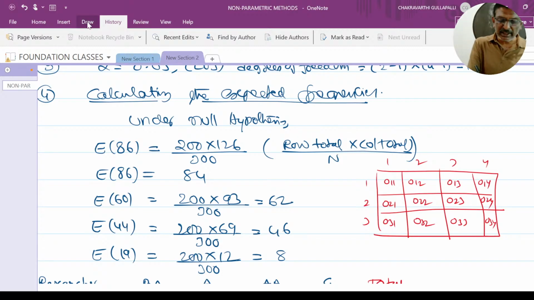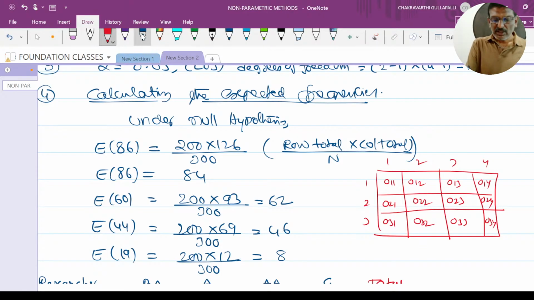Immediately you have to calculate the expected frequencies for each and every cell. Expected frequency E11, how to calculate this one? First row total multiplied by first column total, divided by capital N. That gives the expected value.